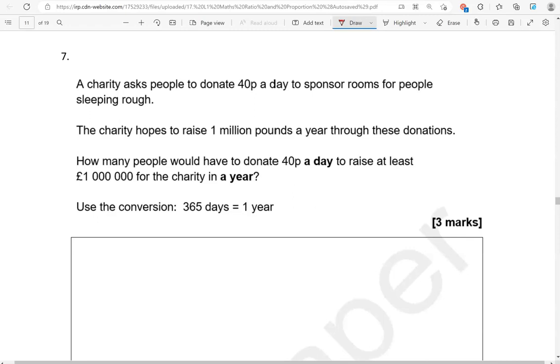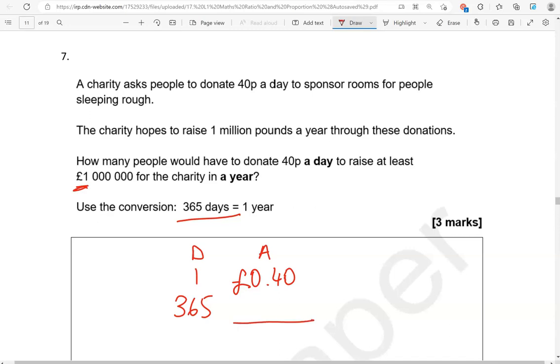Okay, so in one day, they'll donate 40 pence. As we need to get the answer in pounds, I'm just going to convert this into pounds now. So in one day, 40 pence. 365 days, which is for a year.